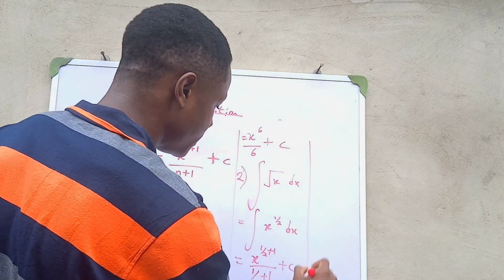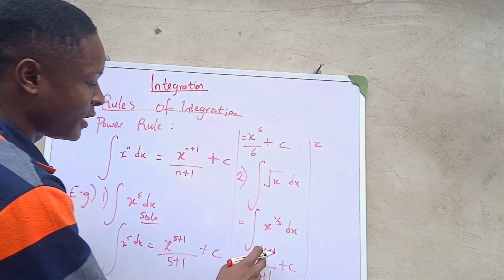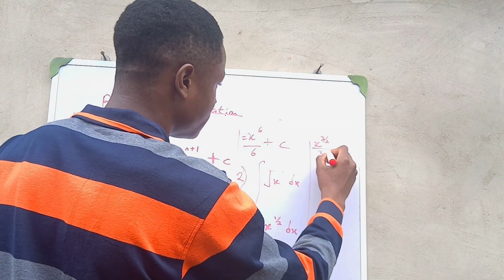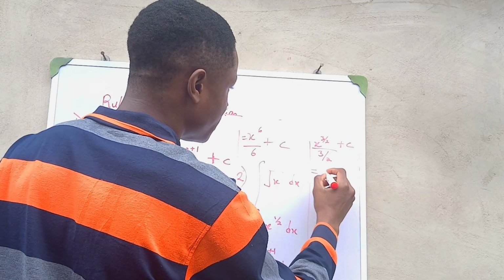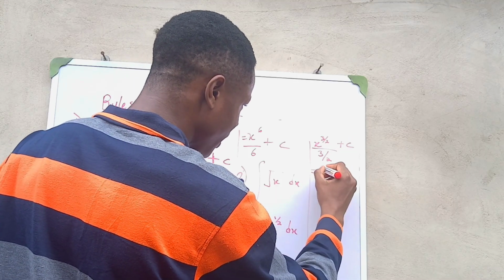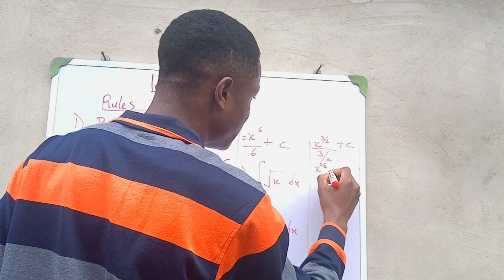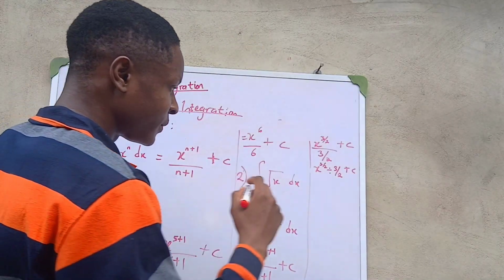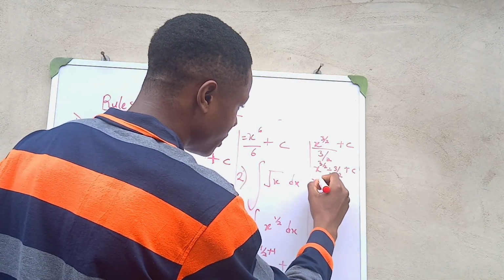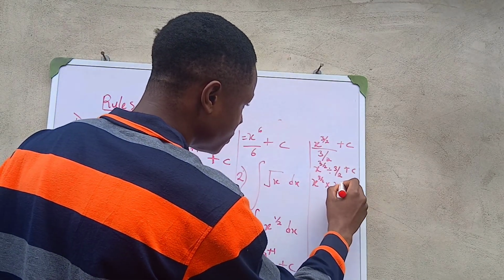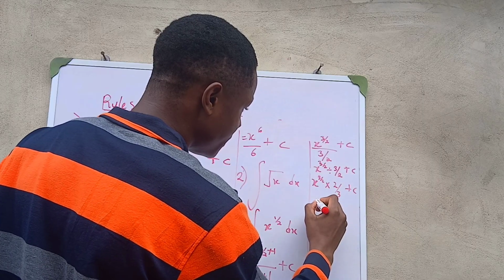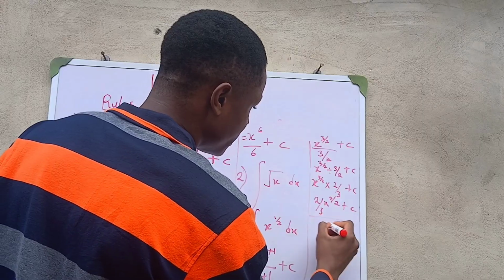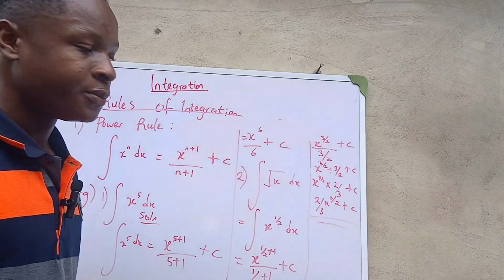So we'll now be left with x to the power 3 over 2 all over 3 over 2 plus c. So we now have x raised to the power 3 over 2 times 2 over 3 plus c. So leaving us with 2 over 3 x raised to the power 3 over 2 plus c. That's our answer. So this is for power rule.